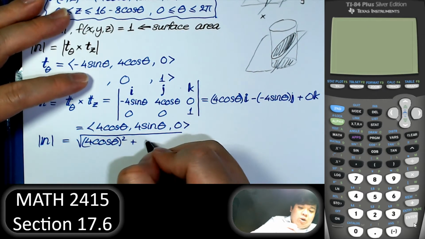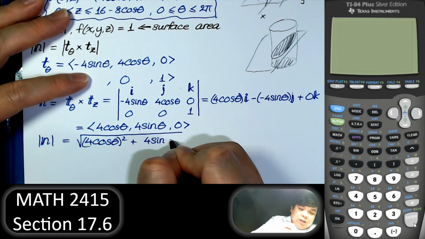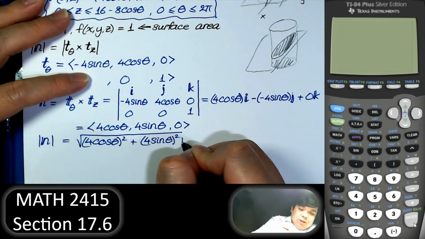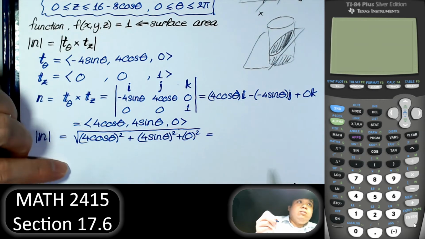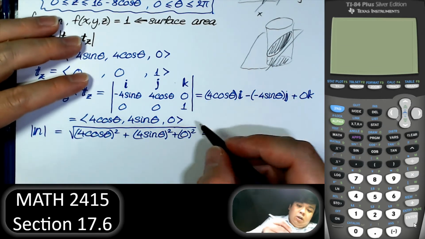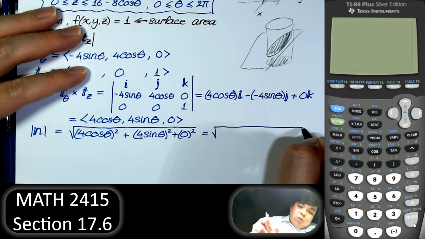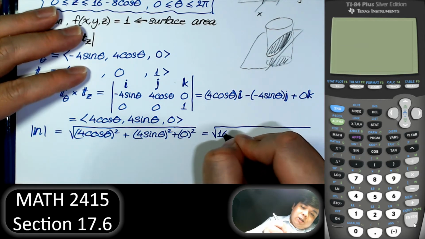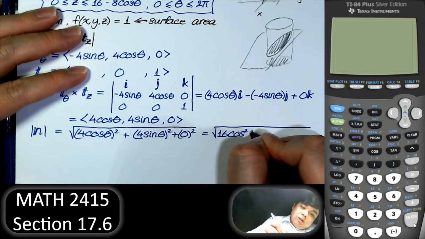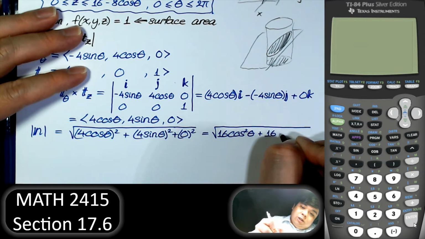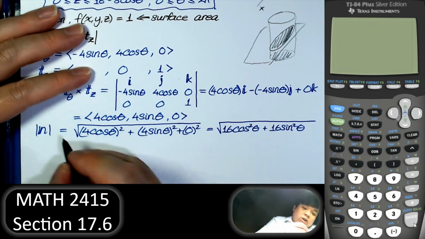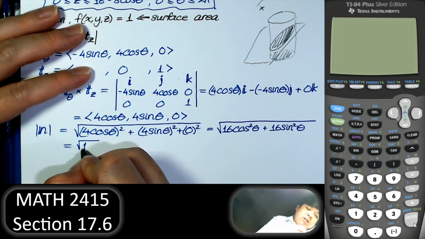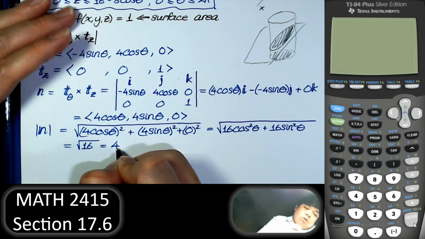So 4 cosine squared, 4 sine squared, so we have 16 cosine squared plus 16 sine squared. Cosine squared plus sine squared is 1, so the square root of 16 is equal to 4.